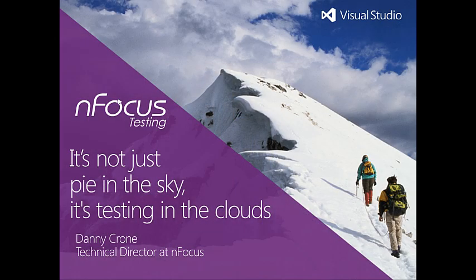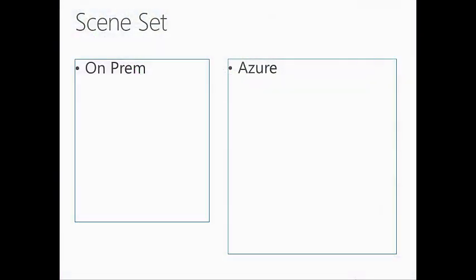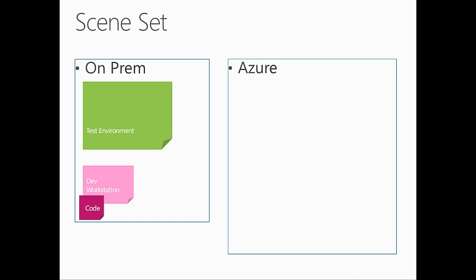For the purposes of this demo, we're going to be taking an organization that is currently developing MVC-based solutions. This organization has been developing in Visual Studio 2010, but uses a file-based source control mechanism and also an Xcopy type deployment to their one and only test environment.